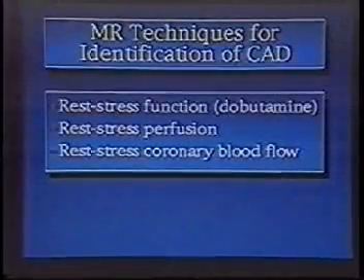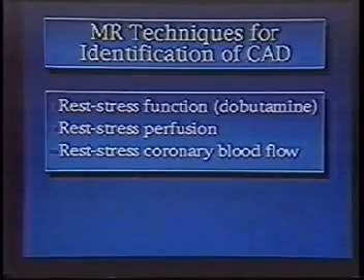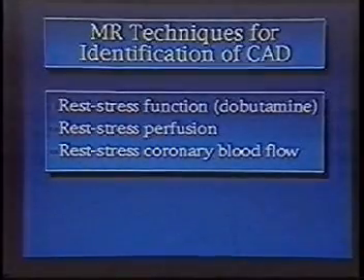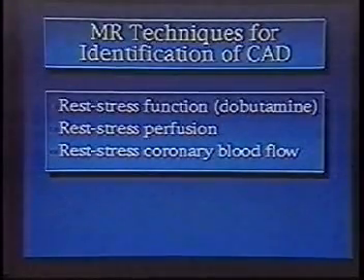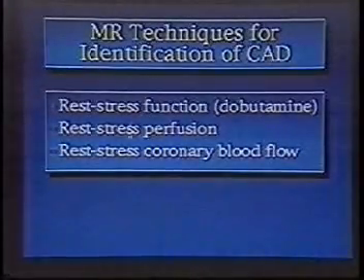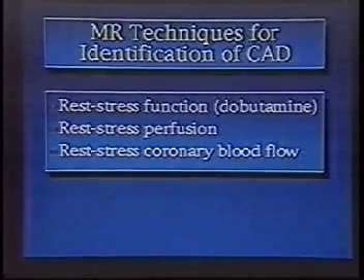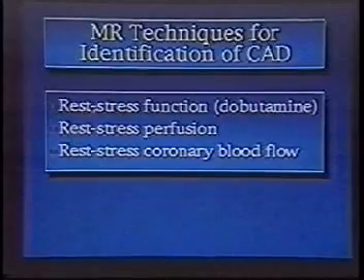Okay, so what are the MR techniques for the identification of coronary artery disease? These techniques are just being implemented now. Centers across the country are now starting perfusion MR imaging as well as wall motion functional imaging of the heart. And so what I mean by function is wall motion. Okay, we look at the cine images and see if the wall is moving normally. So we use wall motion imaging at rest and stress.